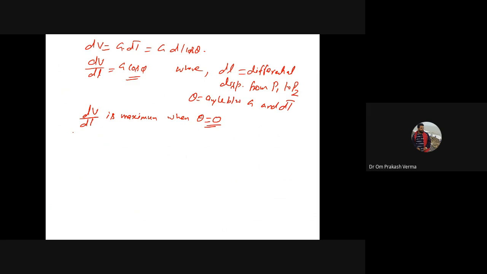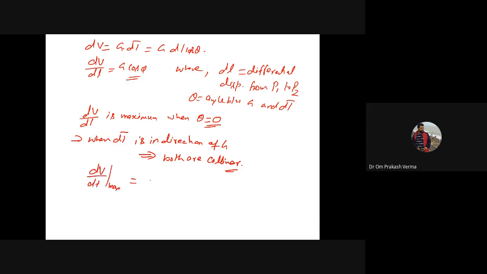So when the dl vector is in the direction of G, dV by dl is maximum only when both are in the same direction.